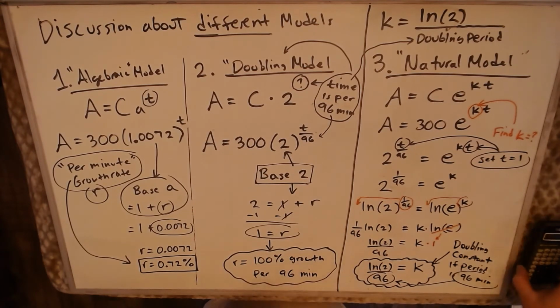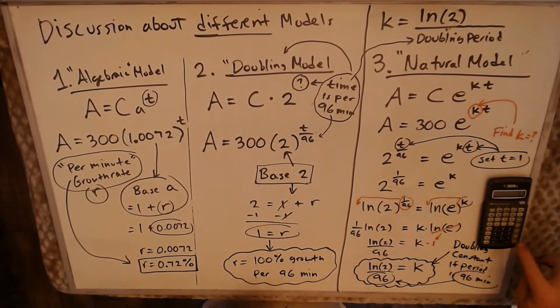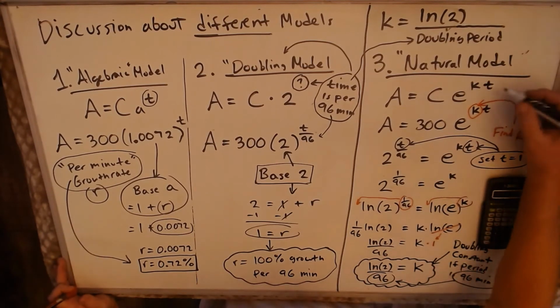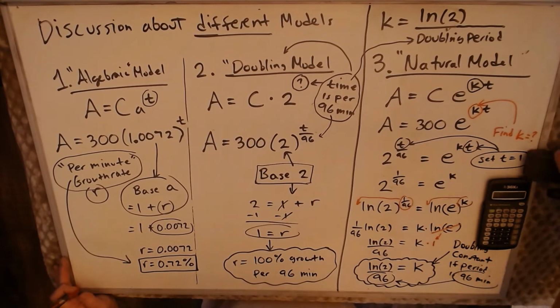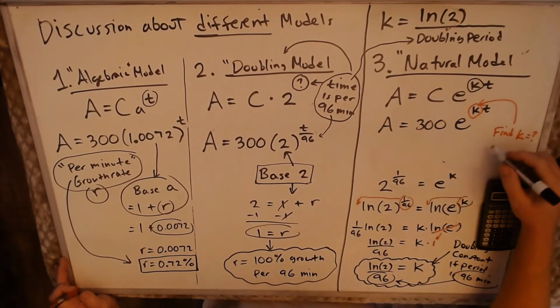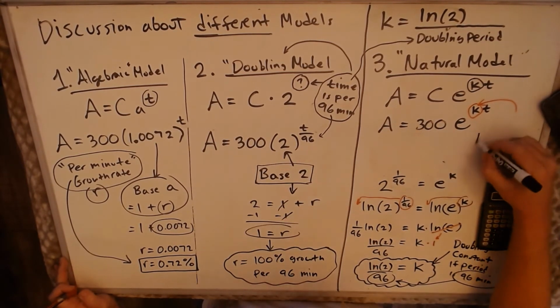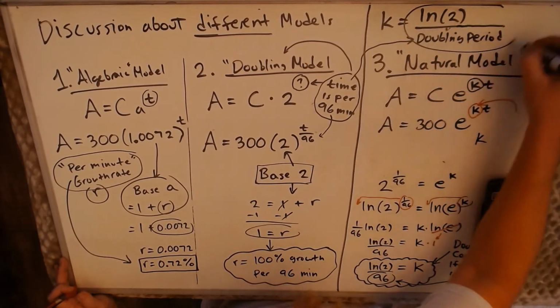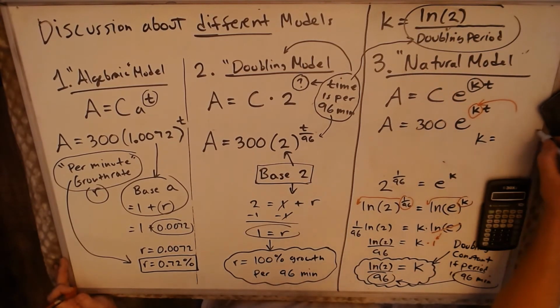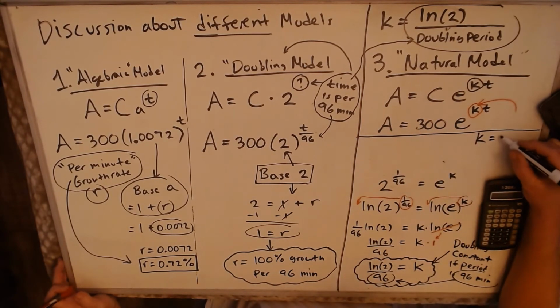Okay, so what is that? We have k is ln of 2 divided by 96. So in this case, k is 0.0072.